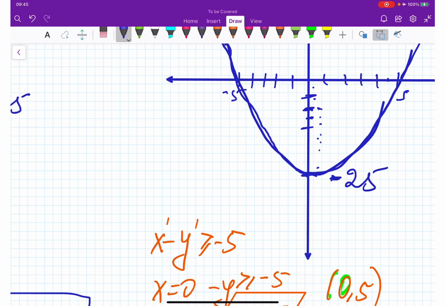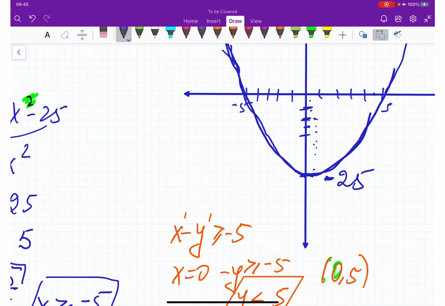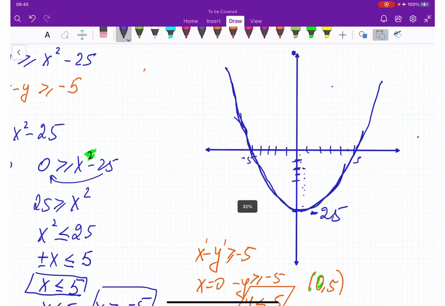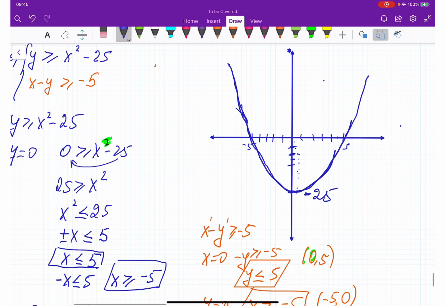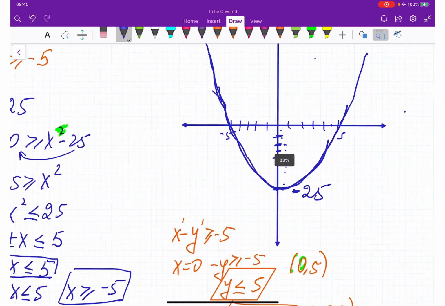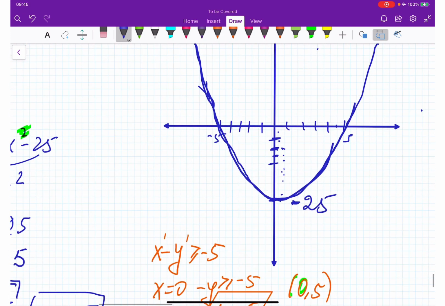If 10 is negative 25, then 5 is going to be negative 12 and a half, right? And to get 5, it's going to get about 2 and a half of them, something like that. So it's going to be 1 and 2, so this is going to be our 5.